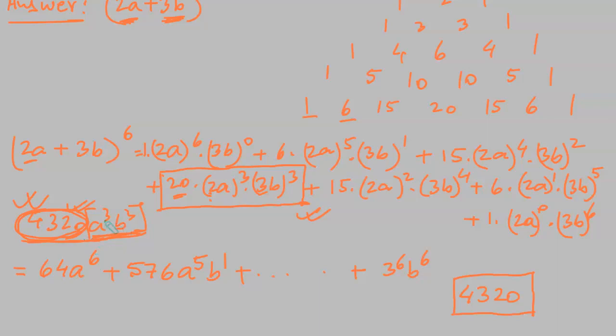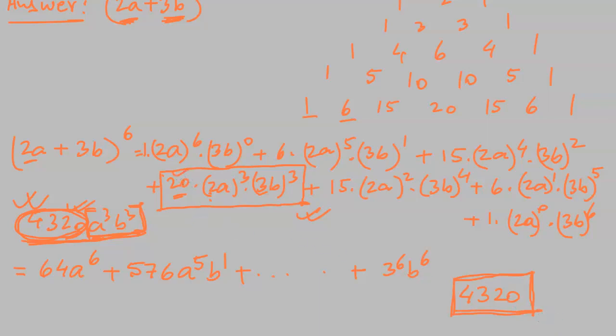So, it is better to know that whatever is given in the question, you just exclude that part, and whatever is remaining from that term, you give every factor of the remaining part as the answer. That will be the coefficient. Okay. So the coefficient of a to the power of 3 times b to the power of 3 is this number 4320. This you have to remember.